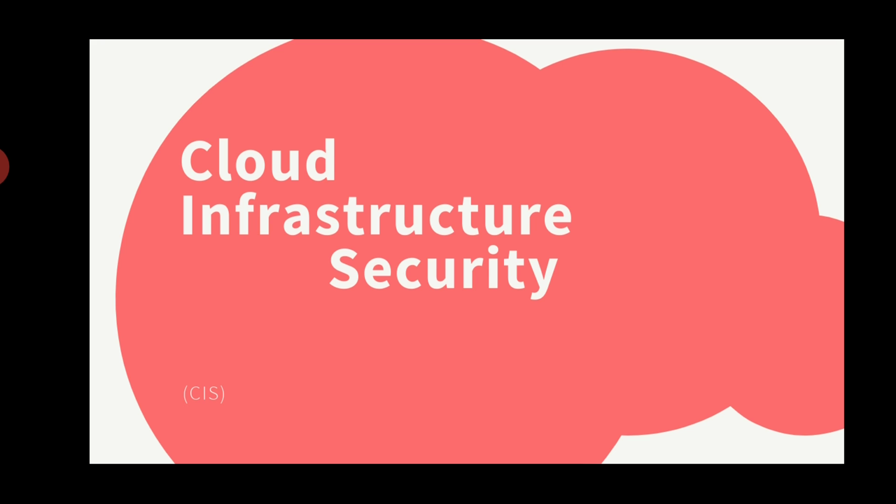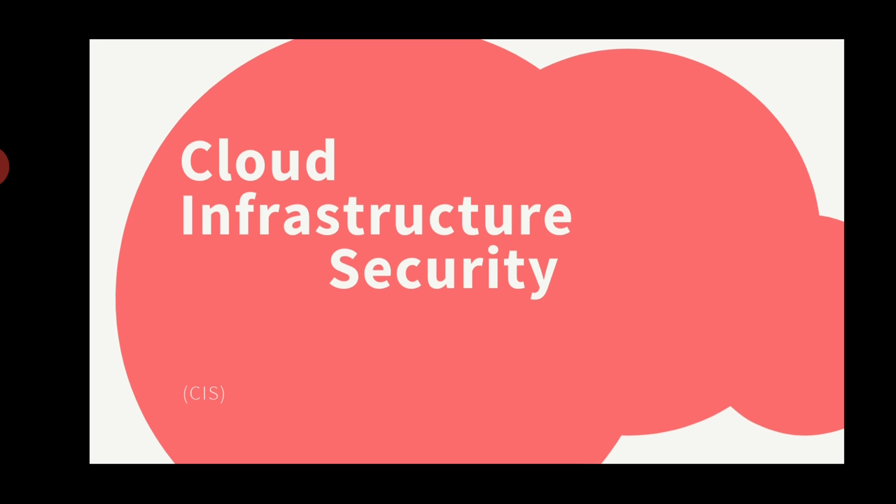So the layers of infrastructure beyond the organization's control are in the hands of service providers. That is, the responsibility to secure the cloud infrastructure is transferred to the cloud service provider. Once again, listen carefully.